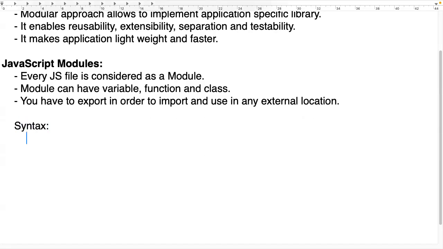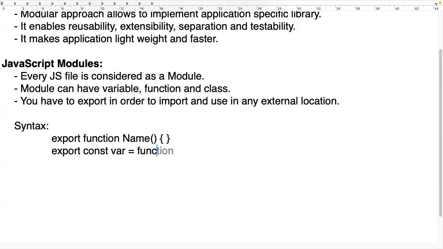So syntactically, export function, the function name. You have to write like this. Export const variable equals function. You can write like this. You can export a class name. So you can export a class or export a variable or export a function.